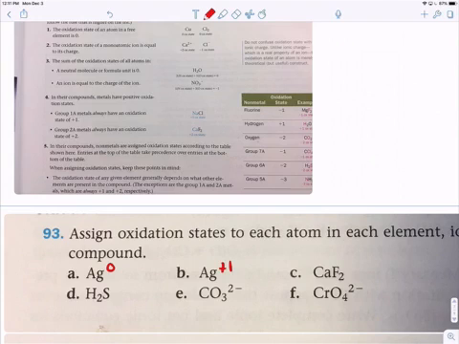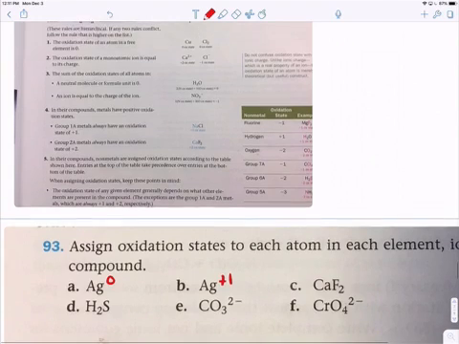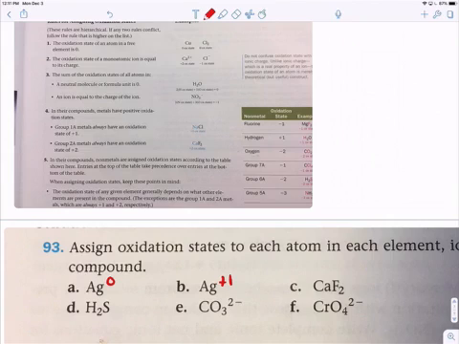This one's +1. And then for part C, for rule 3, the sum of oxidation states in a neutral molecular formula unit is 0. That works for this one here. So that means calcium's oxidation state plus 2 times fluorine's equals 0.